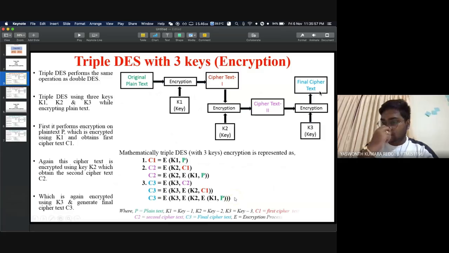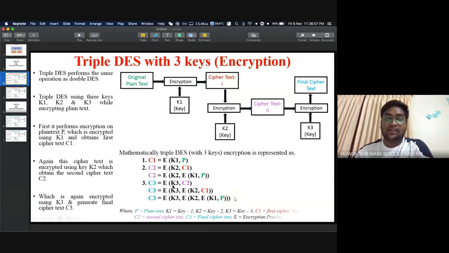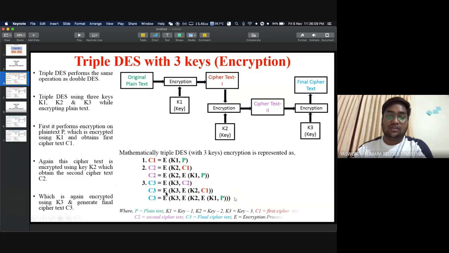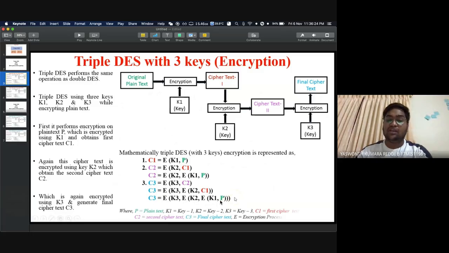So with key 3, we can write the third equation C3 equals E of K3, C2. Then the final equation is C3 equals E of K3, E of K2, E of K1 of P, where P is the plaintext, K1 is key 1, K2 is key 2 and K3 is key 3.